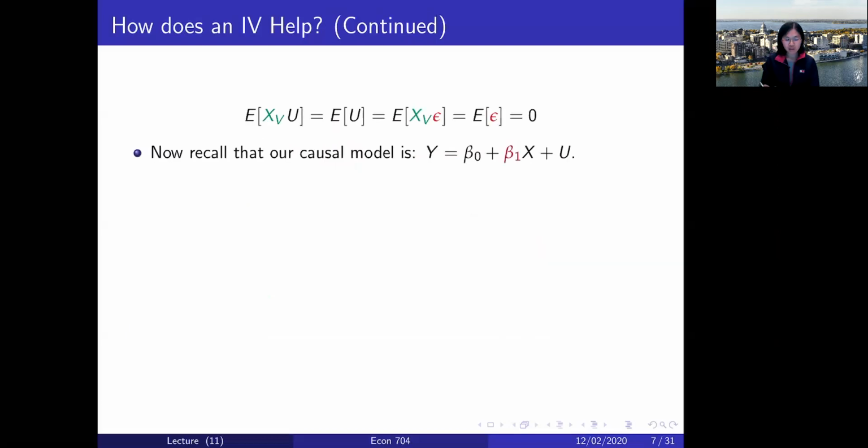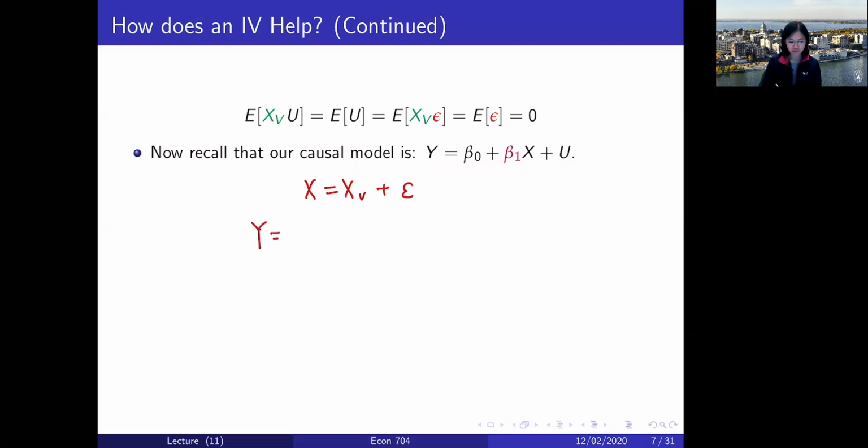Now, recall our causal model to be this. We have that X is decomposed into XV plus epsilon.